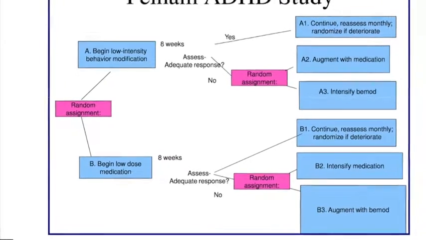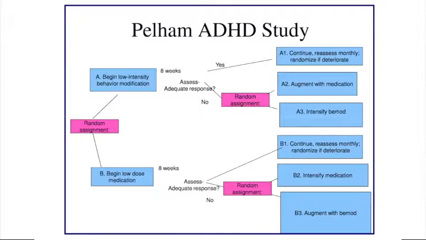Now, why was this trial of interest? It was funded by IES. There's enormous controversy in the scientific community about using medication for ADHD. Ritalin and all of these medications are associated with very short stature because the kids won't eat. Yet the behavioral modification is intensive. It costs a lot of money. It's not easy.